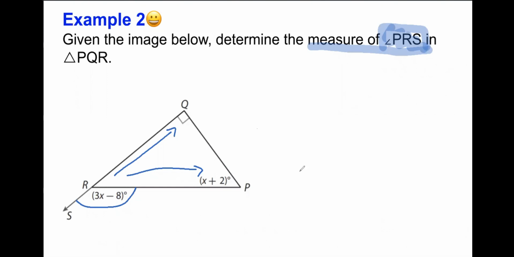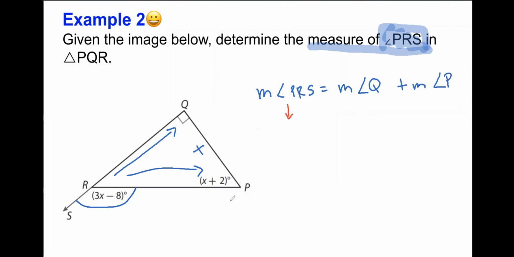So let's write down an equation. The measurement of angle PRS equals the sum of these 2 angles. There you go, my plus sign, not my multiplication sign. I'm adding those 2: measurement of angle Q plus measurement of angle P. Let's substitute their values.